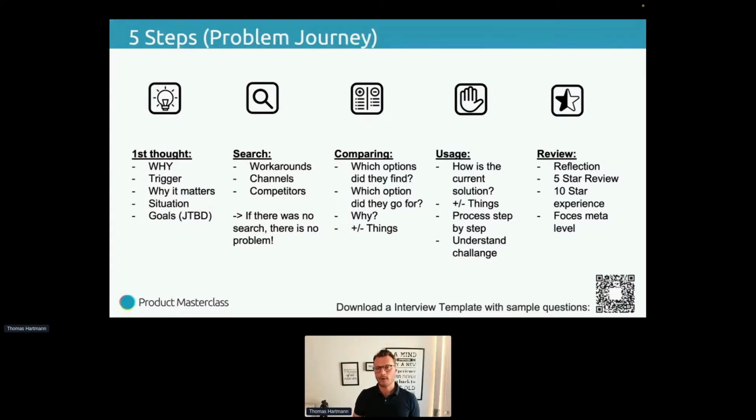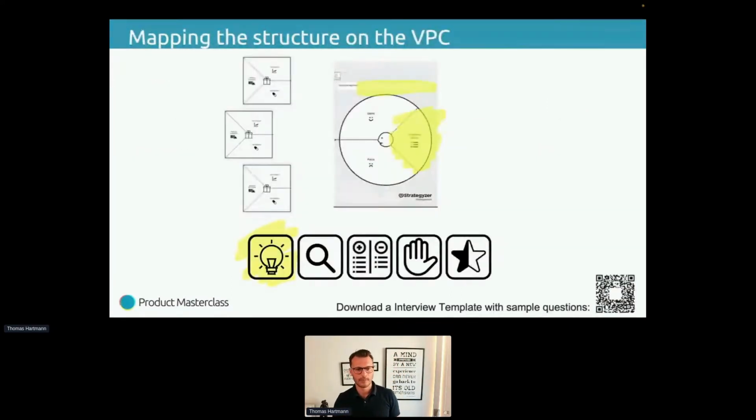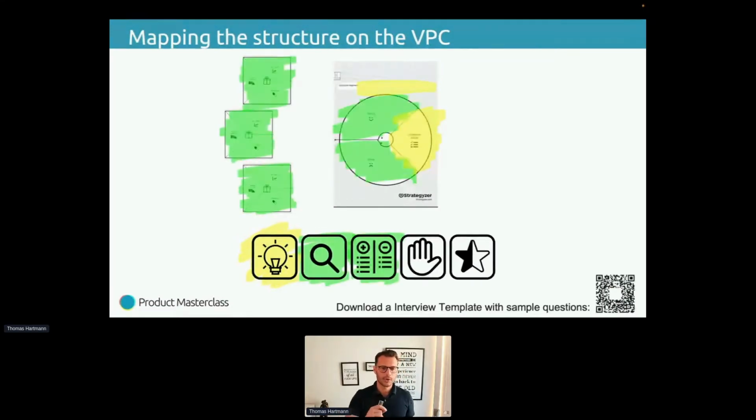So let's map that on the value proposition structure, right? First, the idea. First thought gives you the situation and the customer's jobs. Then the search and the evaluation give you the information about the current solutions in the market, the current options for the customer, the pains and the gains.